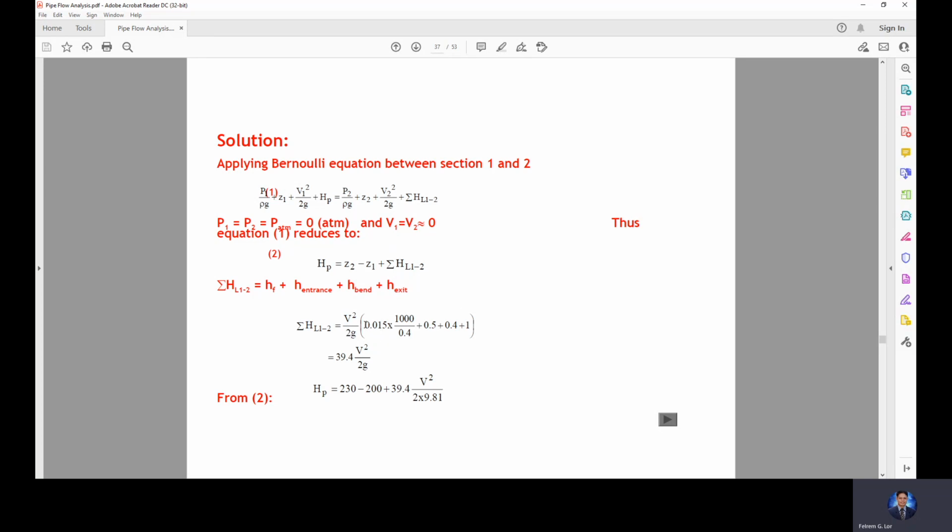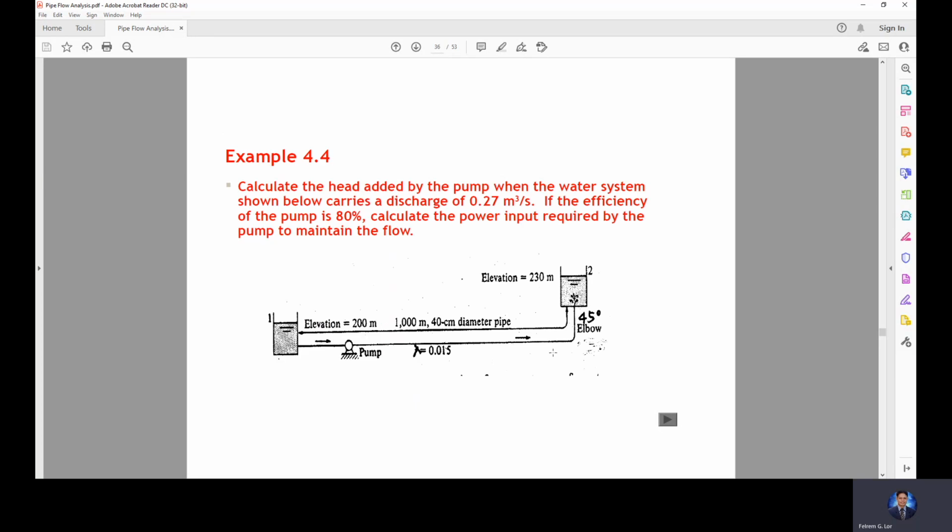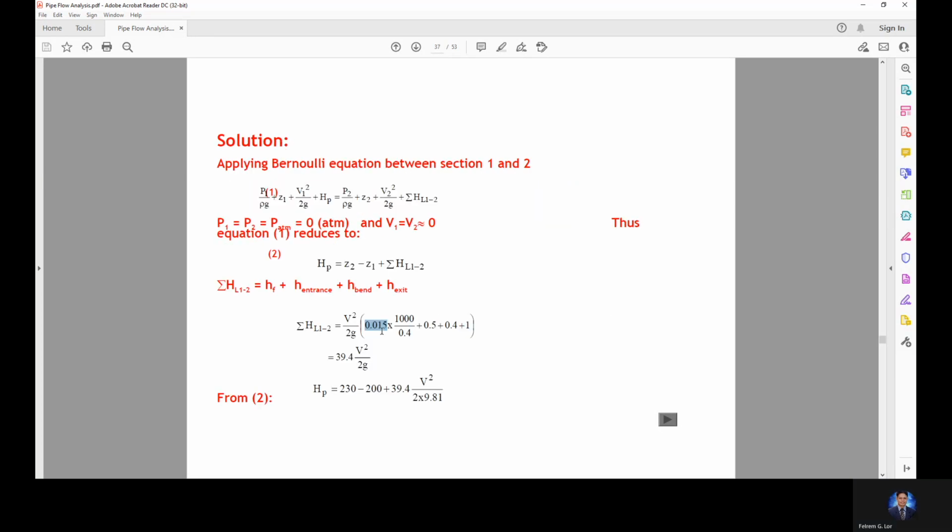Ato ning tagsa-tagsaon. This one is lambda, which is given as 0.015, times length of the pipe over its diameter. So, these terms are head loss due to friction. Okay? Then, kini siyang 0.5, I think mao ni siya ang head loss due to entrance.